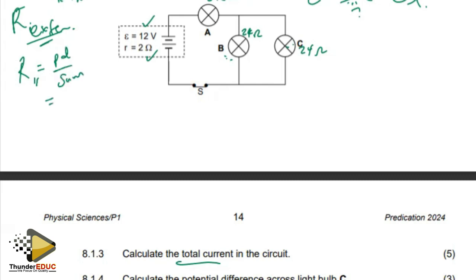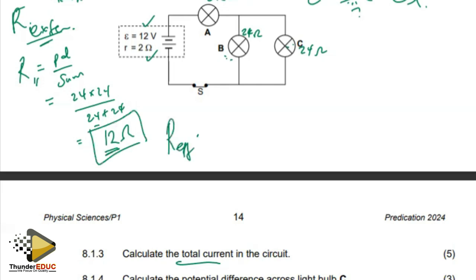So that is 24 times 24 over 24 plus 24. That gives me 12 ohm. So the combined resistance for these two is 12 ohm. And since this 12 is in series with the 24, my R effective is going to be 12 plus 24, which gives me a 36 ohm.